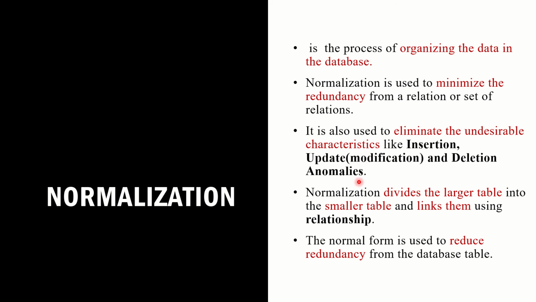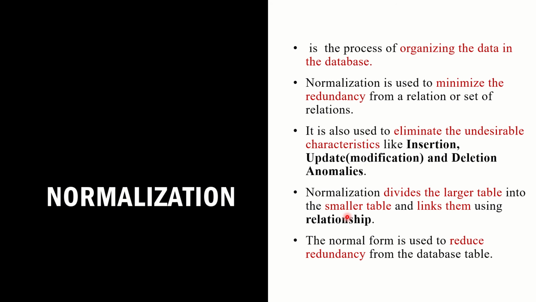We will study what is the meaning of anomalies. So normalization is mainly used in order to minimize redundancy, and it can be used to eliminate anomalies. There are three types of anomalies: insertion anomaly, updation or modification anomaly, and deletion anomaly.